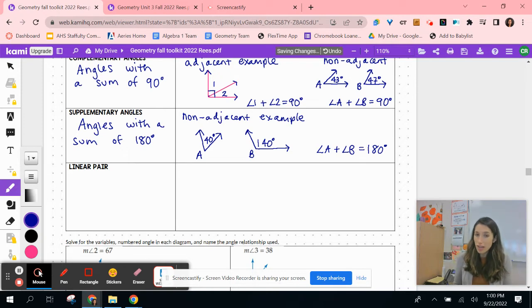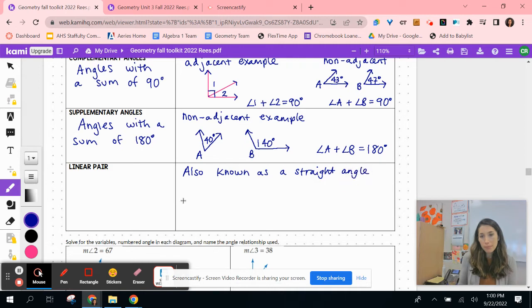Now, when we have angles that add up to 180, but they also are adjacent, we have a special name for that. That is called a linear pair, also known as a straight angle pair. You will hear these two terms kind of interchangeably.